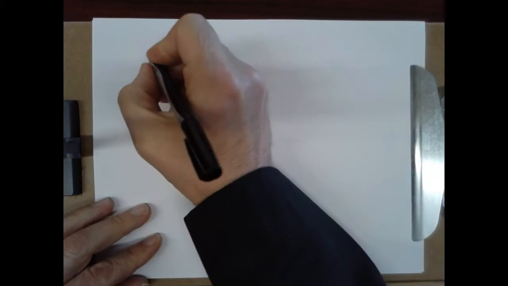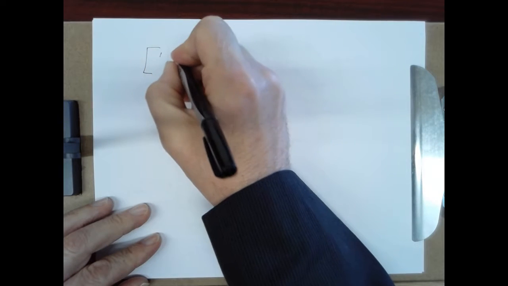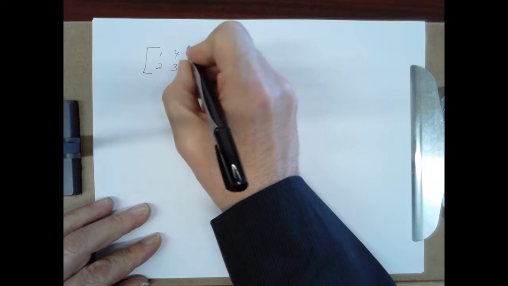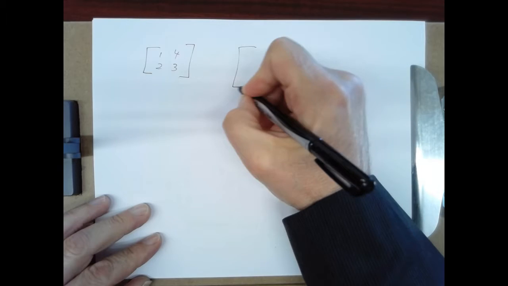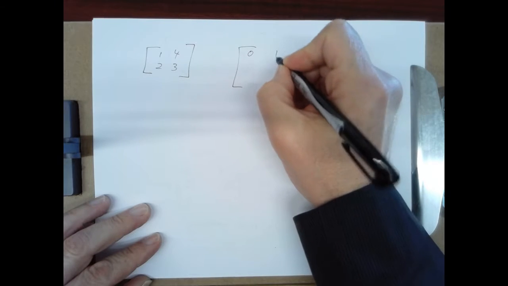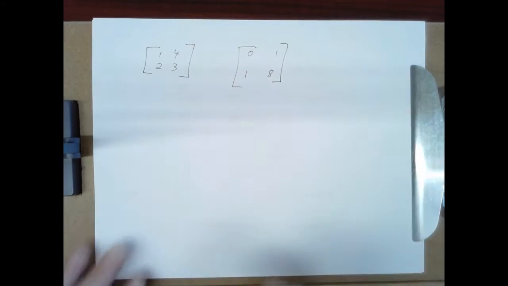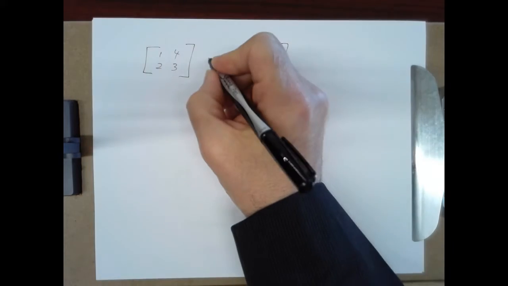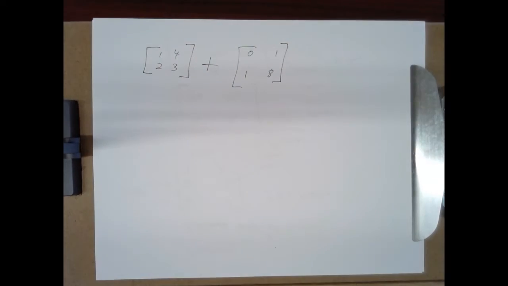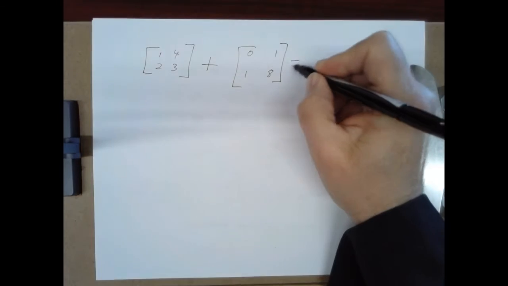Well, if you have a collection of matrices, there's 2 matrices, we can define addition, and addition is just done element by element.